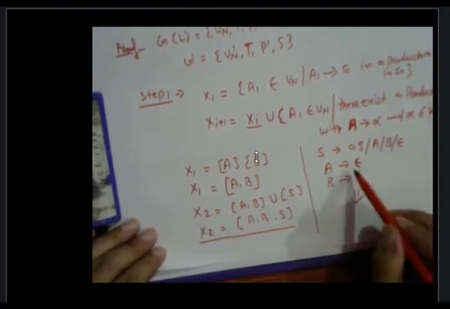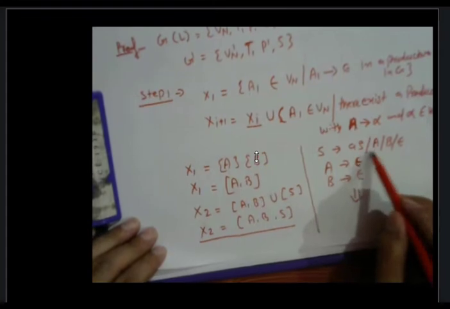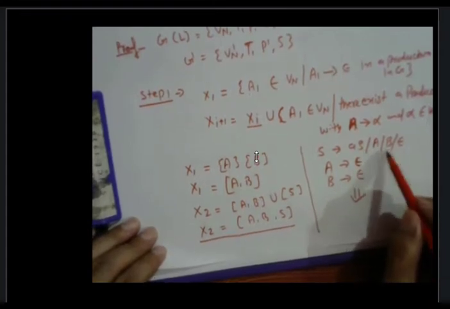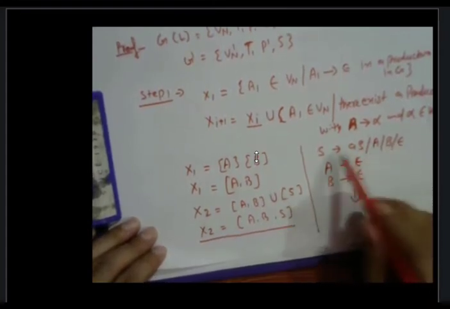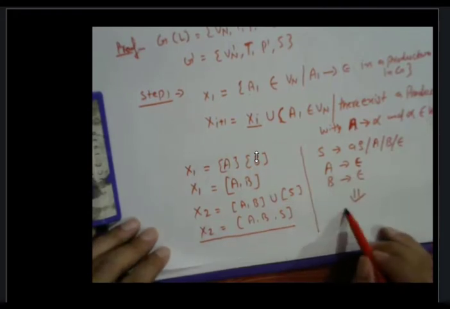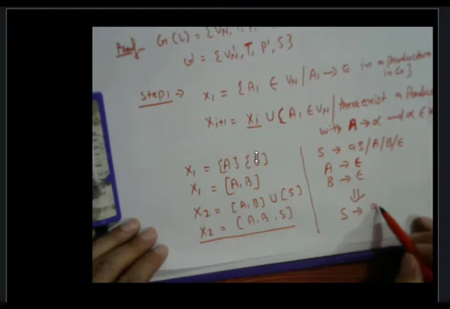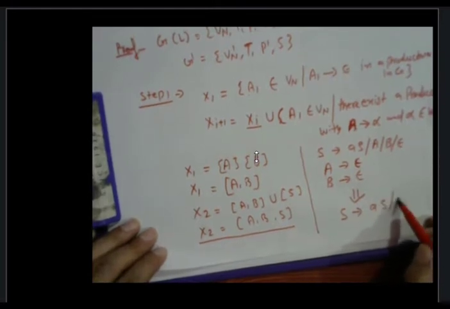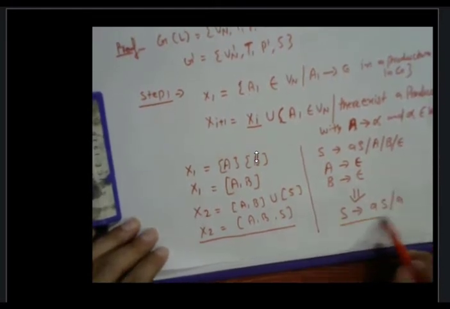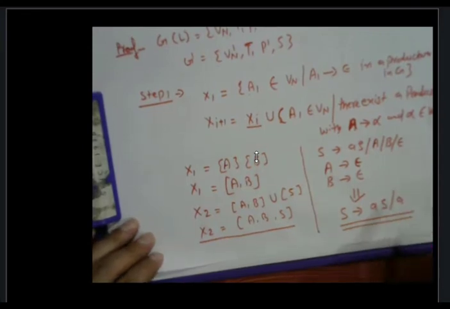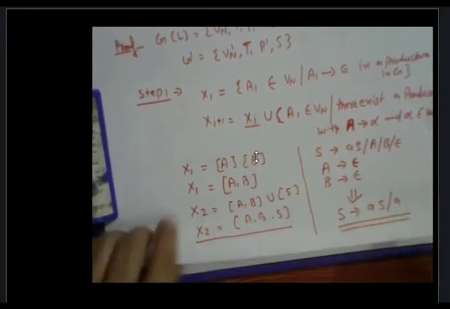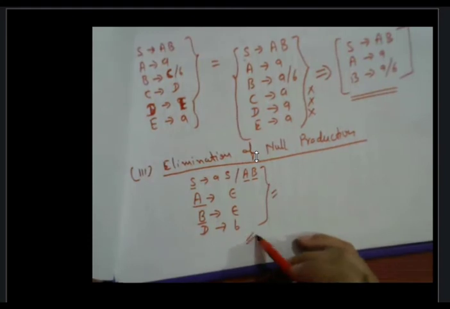Then we can put the value of S in that case. Then S tends to, that may be aS oblique a. That is the final result of the grammar which you can extract from this grammar. Then this is the method of how to reduce the null production from the grammar, and then we can get the final results.